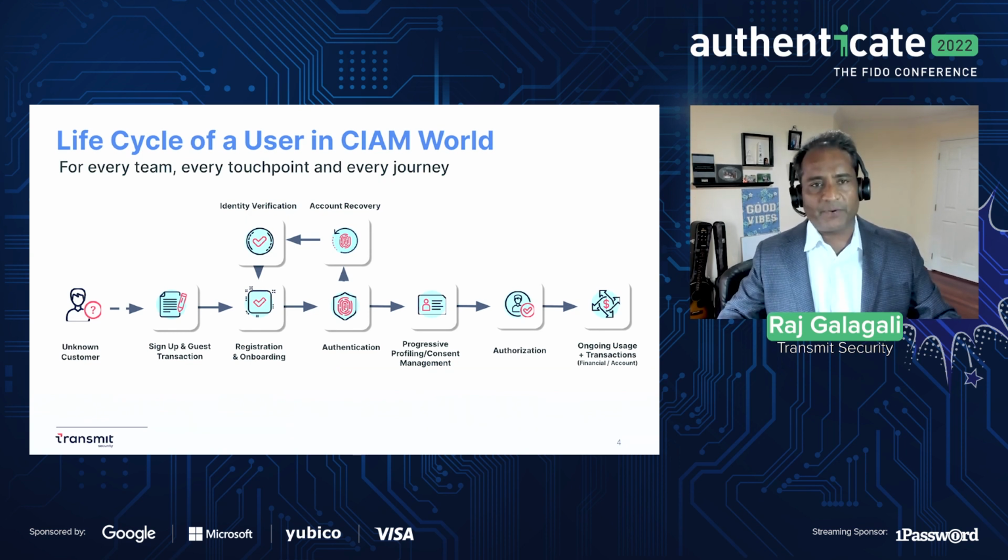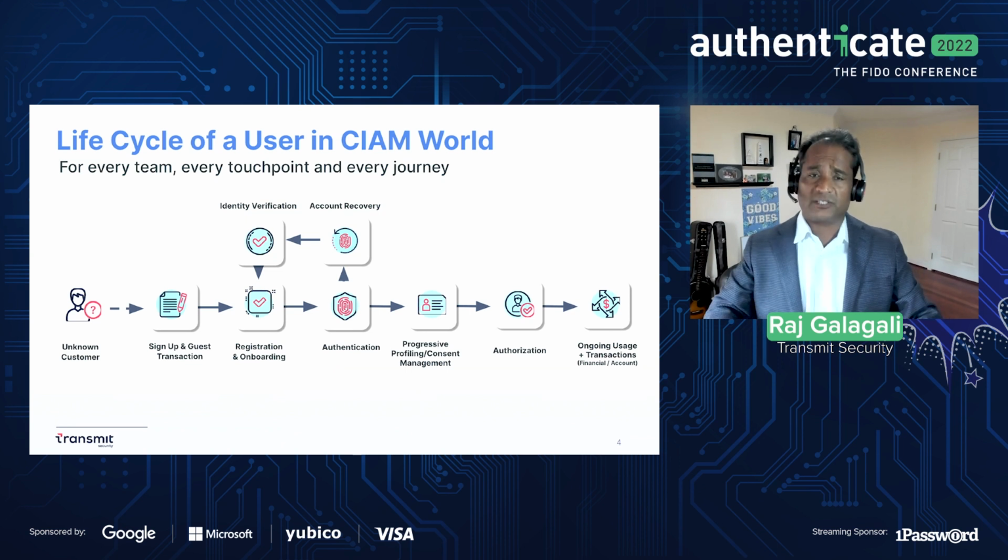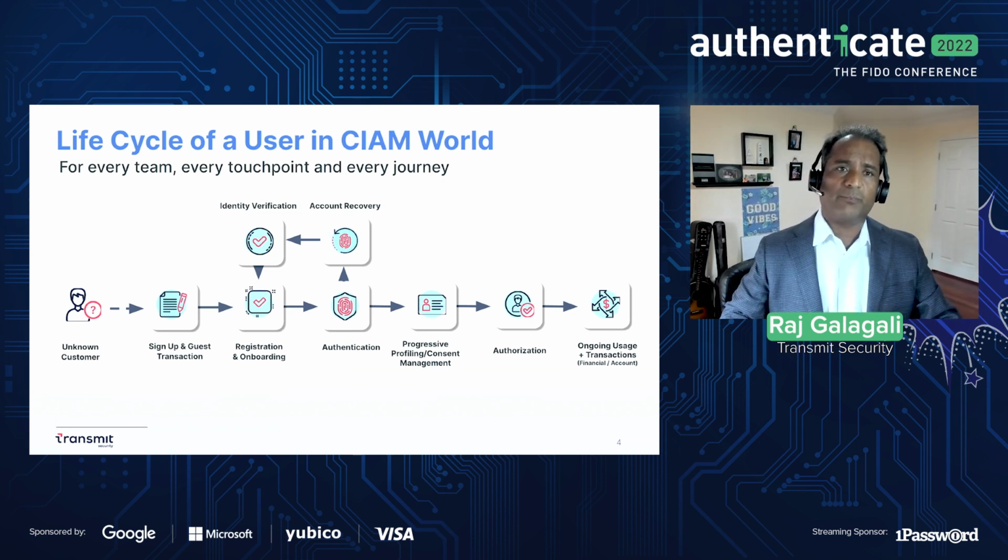The second type of customers in the CIAM world are those customers that the enterprise already knows and has onboarded. They need to provide these customers with access to their application in the best possible manner without compromising on security. And these customers may navigate within the application for performing a variety of services and consuming them.